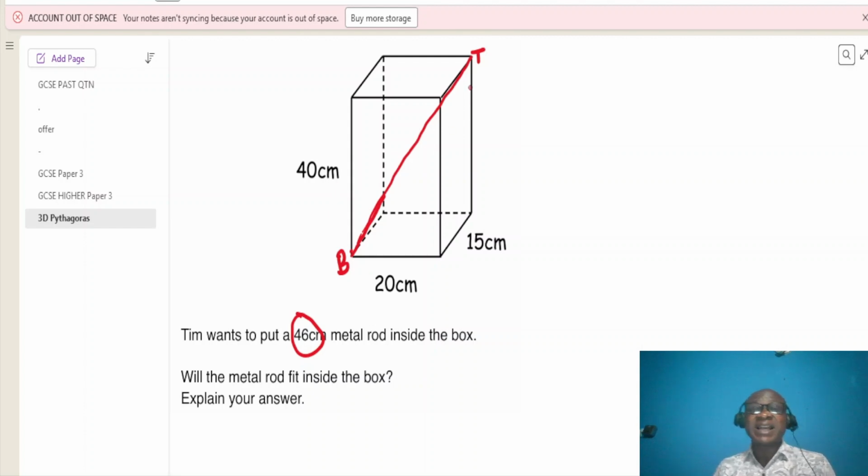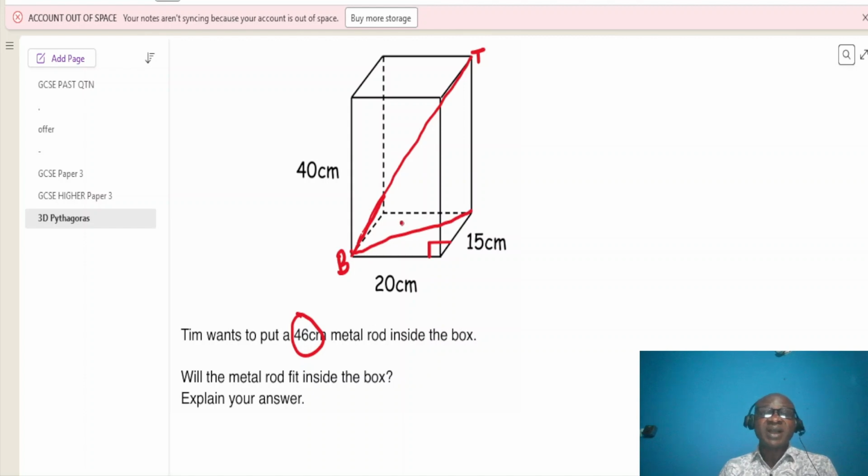To do that, I have drawn the diagonal already, which is the length we want to find. But before that, I can draw another line from here up to this place to form what is called a right angle. Okay, so here now is a right angle.